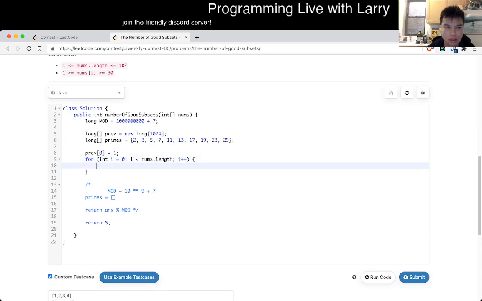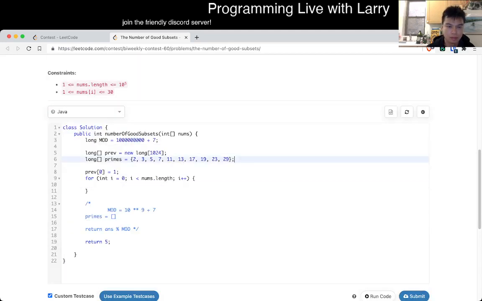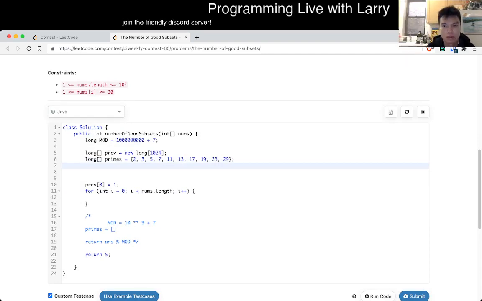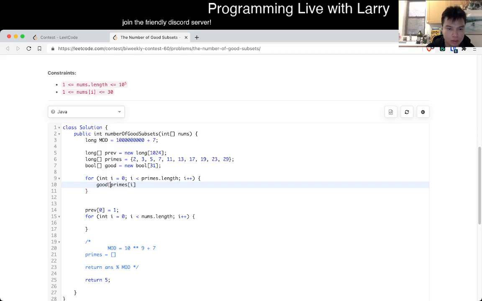Is that good? It should be okay. But yeah, okay. Just doing some minor optimization.